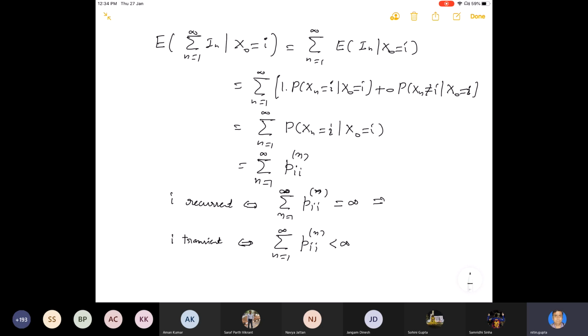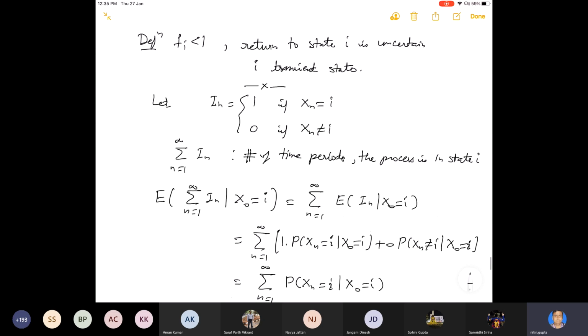So we can say that F_i is 1 or F_i is less than 1. These are the equivalent definitions for a recurrent or transient state. You can check either of them. Here F_i is different from P_ii.